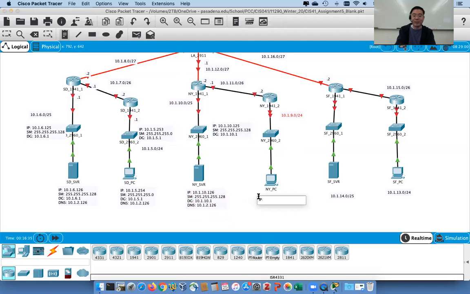Okay, this one's straightforward. Default gateway 10.1.9.1.